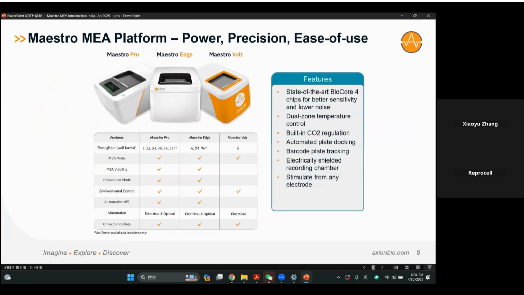We have three distinct types called Pro, Edge, and Volt. They have the same function, just designed to meet different throughput needs. Each system is equipped with our cutting-edge Bi-core 4 chips, which provide high sensitivity and ultra low noise.